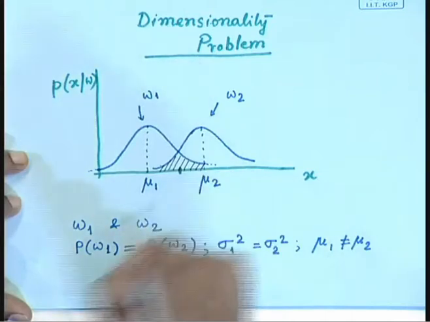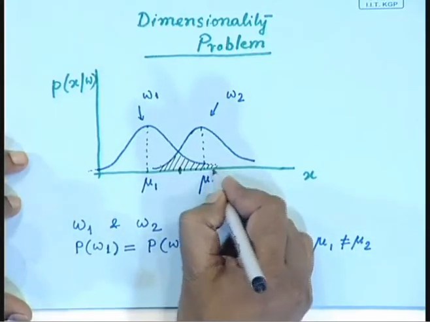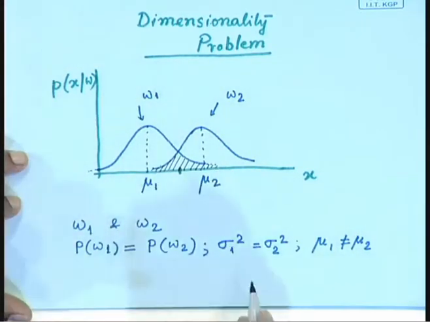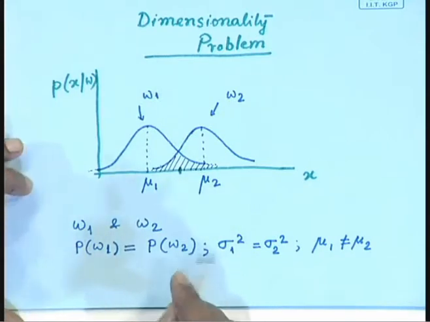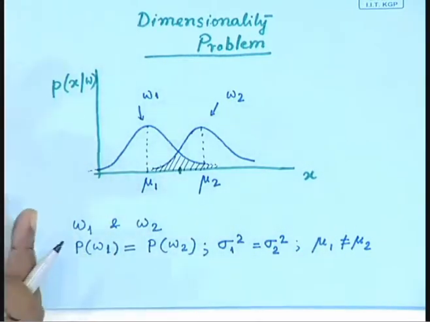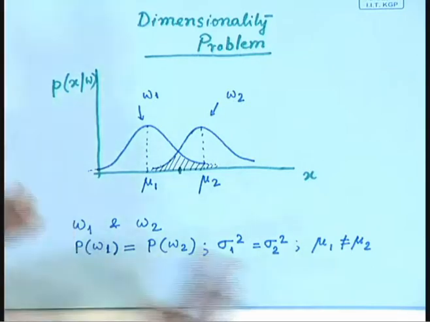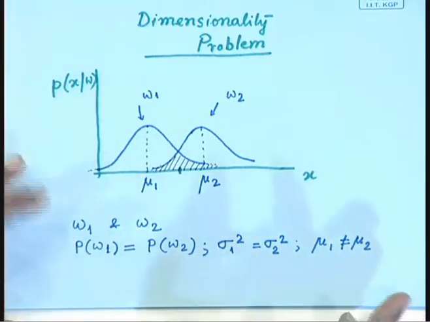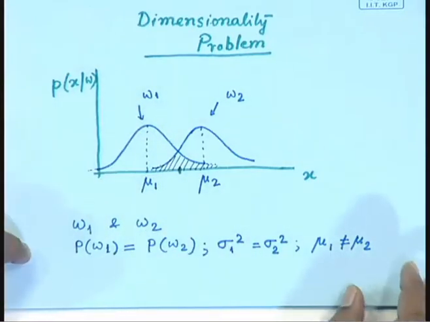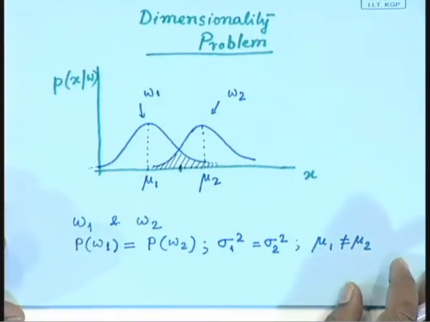And it extends indefinitely. So, this is the error in taking the decision, whether I decide in favor of omega 1 or in favor of omega 2. This area under this probability curve gives me the total amount of error.